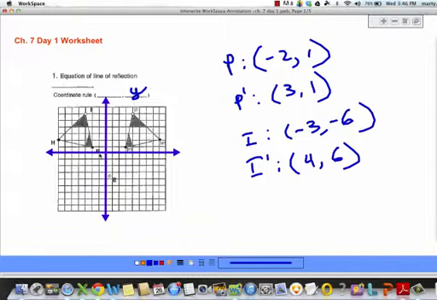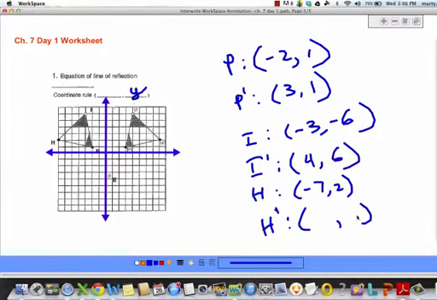Now if we check H, H was at (-7, 2). For H1, I would guess the y coordinate has to be 2. It is at 8.